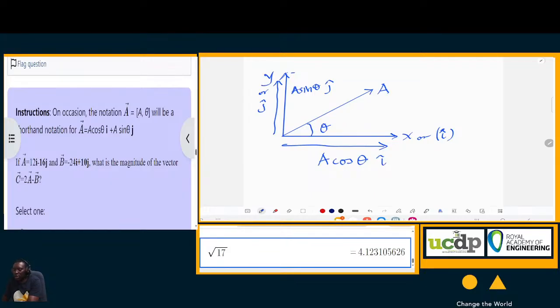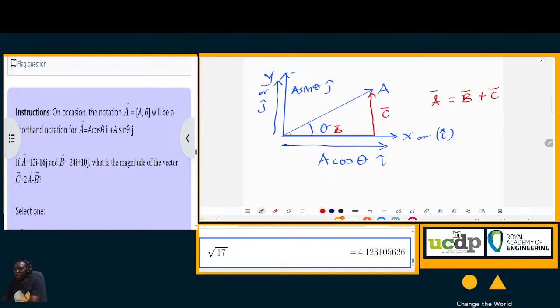So when we add the two, A is basically a sum of the x component, let me call it B, plus the y component, which is vector C. So usually you say A equals B plus C when you're dealing with vectors.